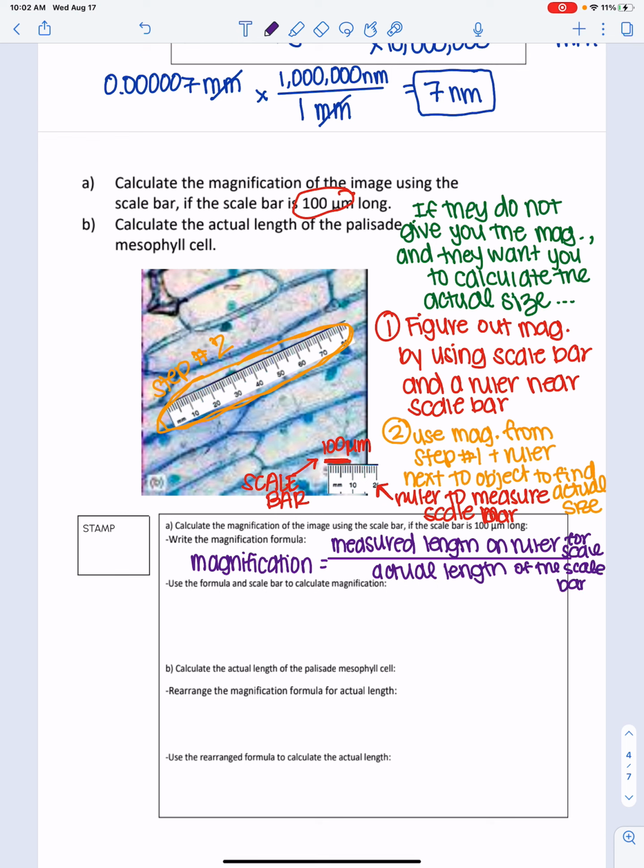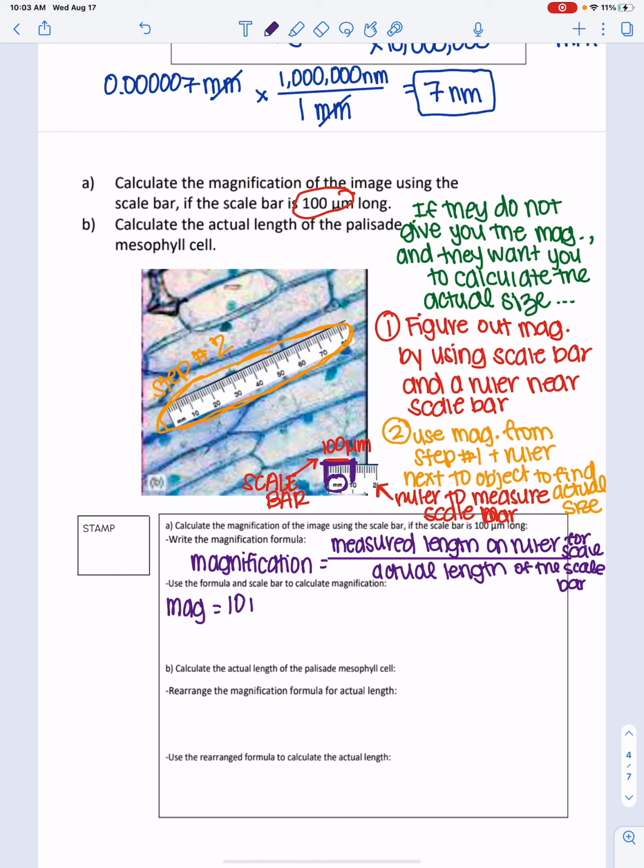So we're going to do magnification equals. We're going to take the measured length of that line. So we're going to go here to here. Here we're just measuring the scale bar to figure out how much this image is magnified. I'm going to say that's 10 millimeters in length when you go from here to here.